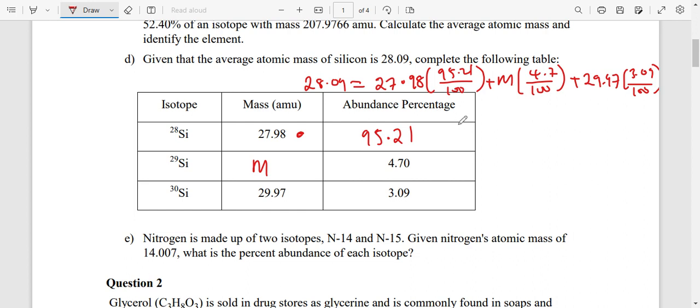So let me write first, I'm going to punch this and this on the calculator direct because you can find that. So 27.98 multiplied by 95.21 divided by 100. And then plus I also go to the other side, which is the 29.97 multiplied by 3.09, then divide by 100.